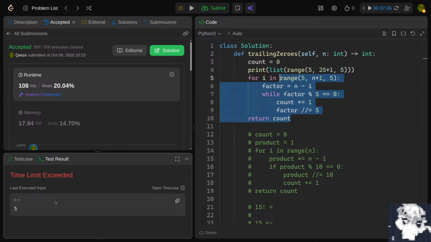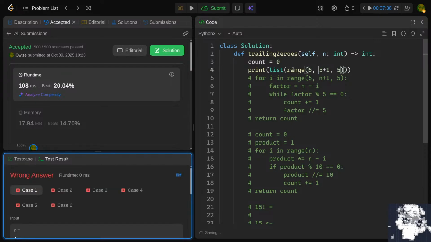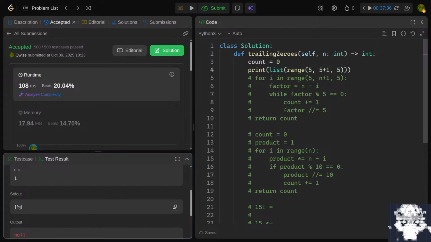Time limit exceeded for n equals 5, and it didn't even print. What does it look like for n equals 5? It should just be 5. Oh wait, this while loop will go forever. Why wasn't that already happening?